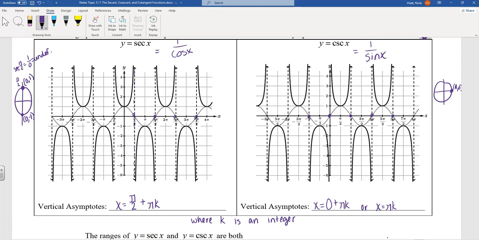For secant and cosecant, like all the other stuff like sine and cosine, do they have any application on the unit circle? It does, because it's just like the reciprocal. So for example, if you're finding secant of pi over 2, that is going to be 1 over the cosine, so 1 over the x-coordinate.